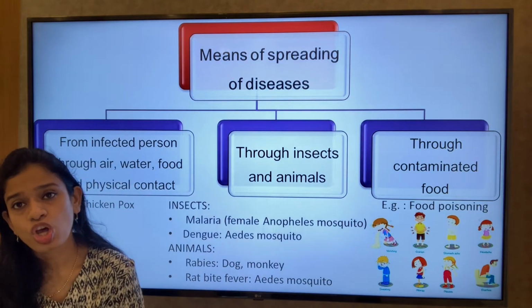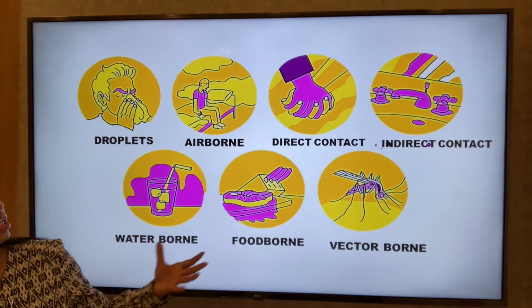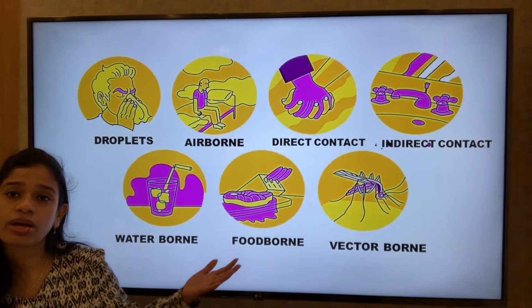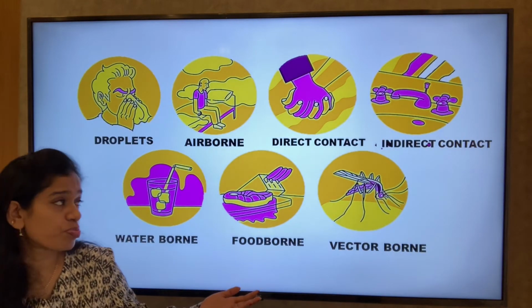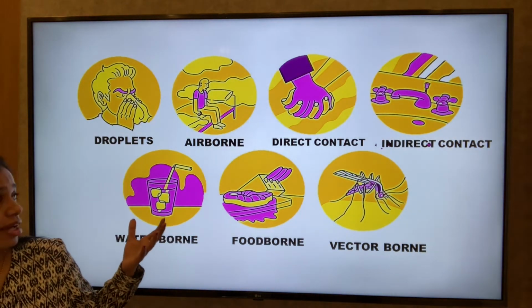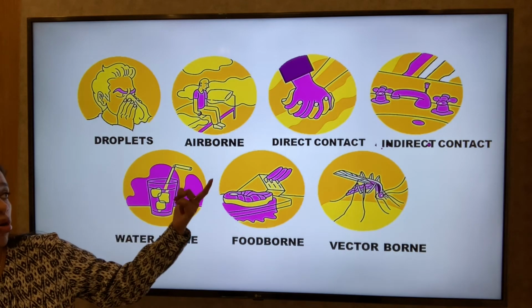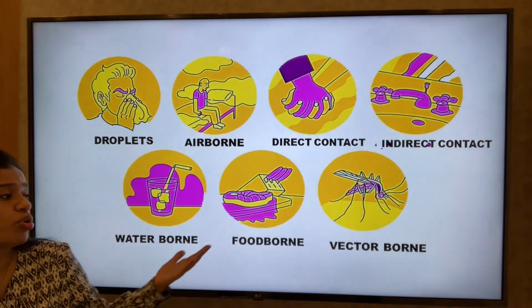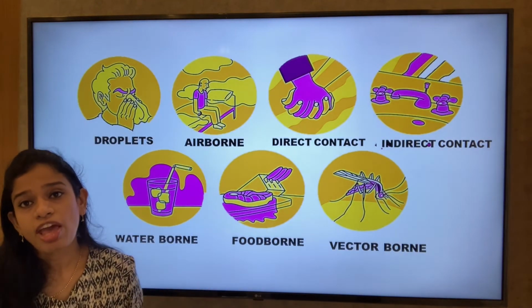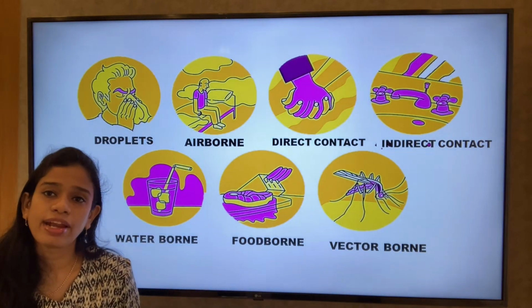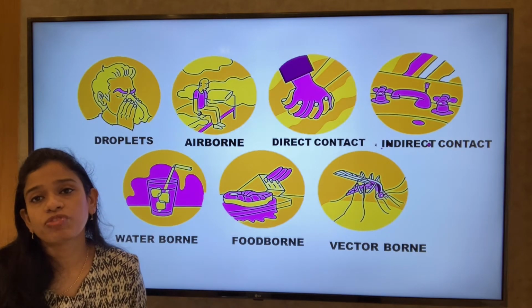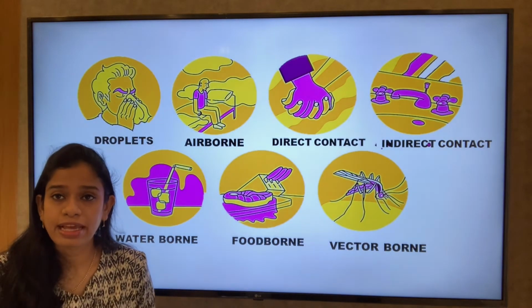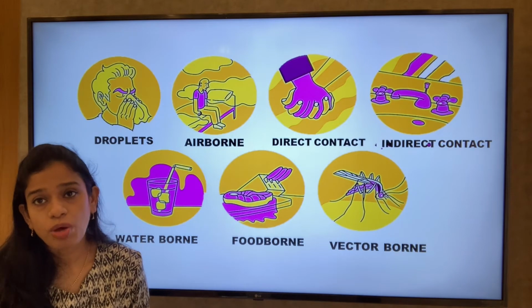So this is how a communicable disease spreads from one person to another: droplets, airborne, direct contact, indirect contact, waterborne, foodborne, and vector-borne. Vector-borne means transmitted from one person to another through insects, most commonly mosquitoes.